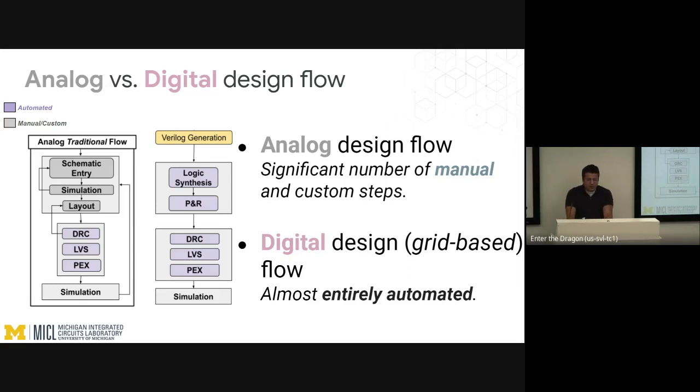While the digital flow, or the grid-based flow, has been highly automated for a while now. So the idea is basically to take what would otherwise be a full custom analog layout and shoehorn it into the cell-based digital automated design flow methodology, which is pretty amenable here to the available logic synthesis and place and route tools, be it proprietary or open source tools.